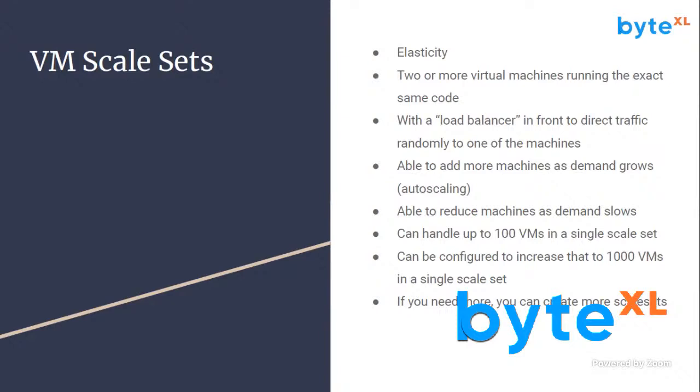The scale set is considered a tool that helps you create and manage virtual machines. It's centrally manageable across different regions, and you can configure multiple virtual machines in a single shot and update a large number of virtual machines in a minute as well.